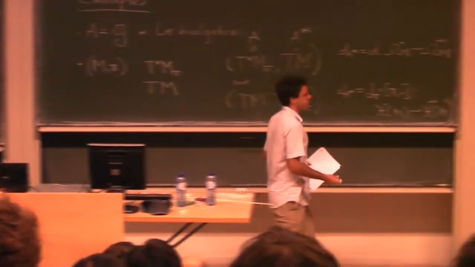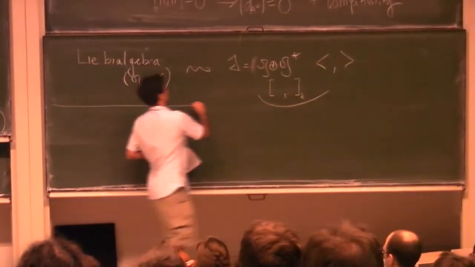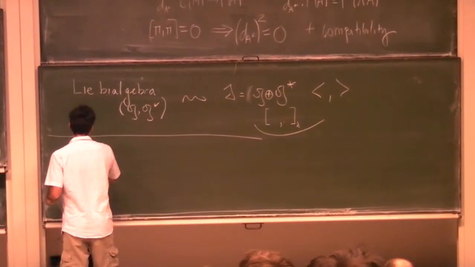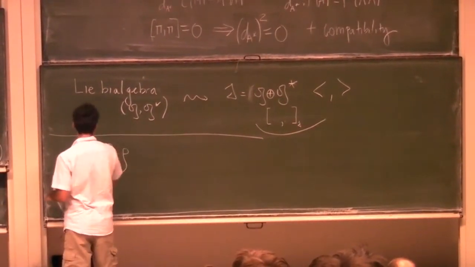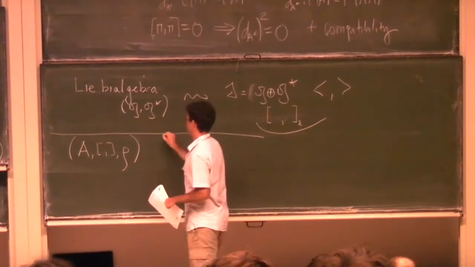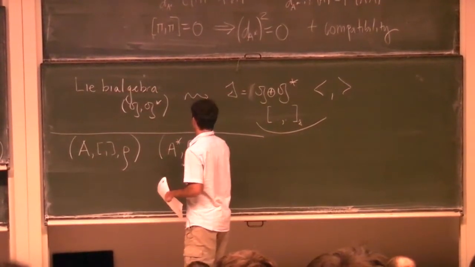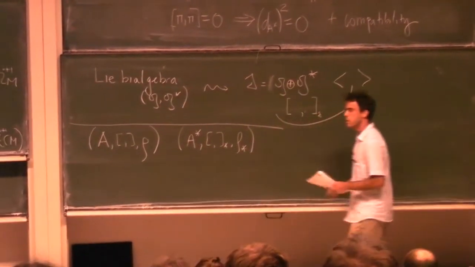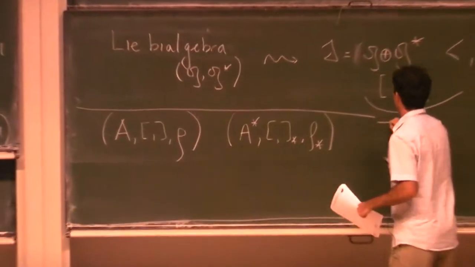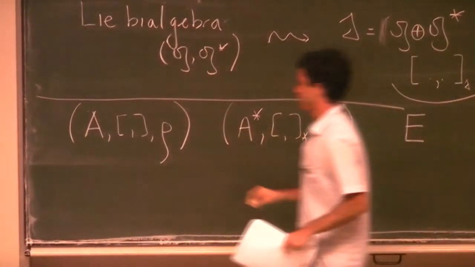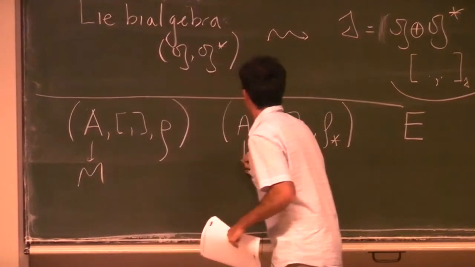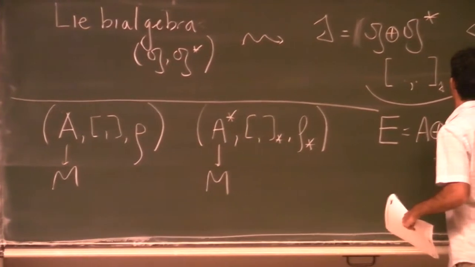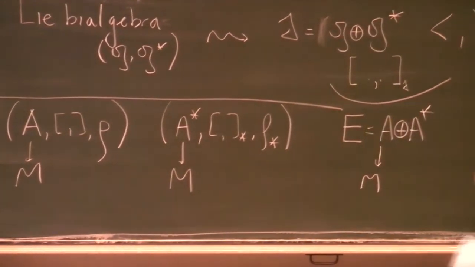So suppose now that you have one Lie algebroid, and here's the other Lie algebroid. Now you have these anchors, right? It's not only about brackets. And then you can take a vector bundle now, right? So this is a vector bundle over M. This is a vector bundle over M. So you can take this direct sum, right?